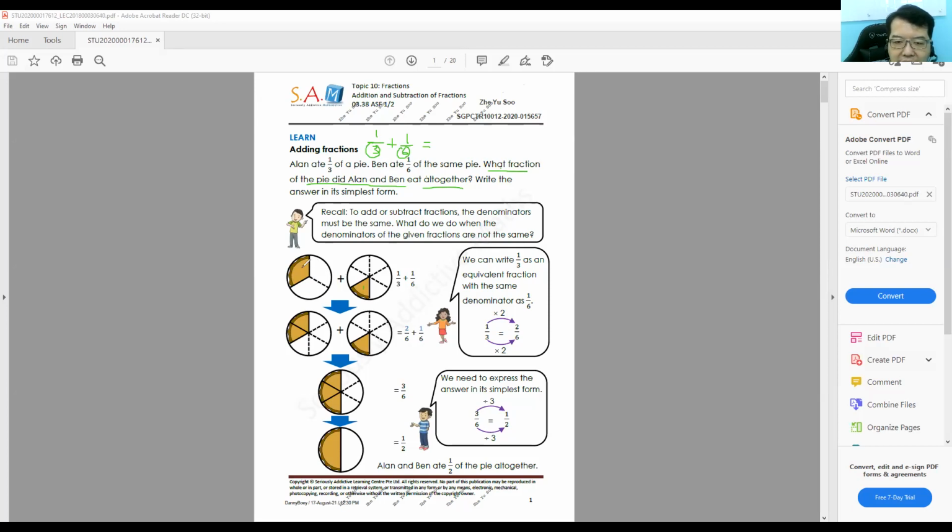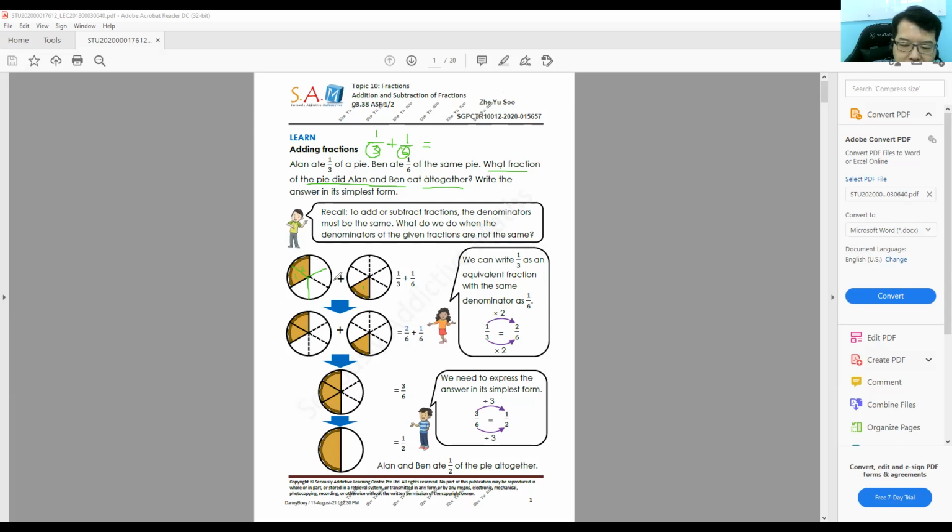Now, if I were to cut 1/3 up into 6 parts instead, how many parts out of how many parts would that be? Let's split it into 6 parts equally. Can you see that 1/3 of a pie is actually the same as 2 out of 6?